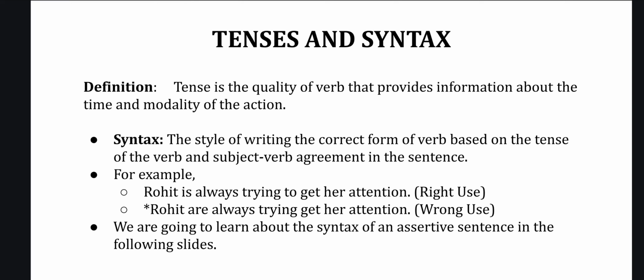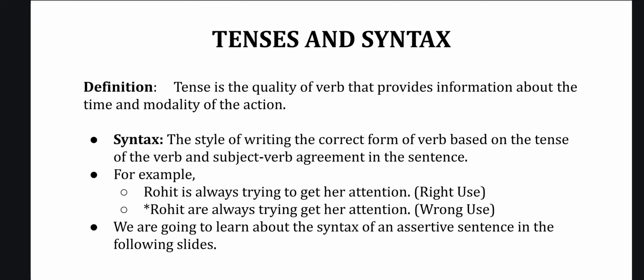As we have already done in the previous class, the definition of tense, let me repeat it once again. Tense is the quality of verb that provides information about the time and modality of the action. What is time? There are basically three timelines: past, present and future. We all know that. And there are two types of modality.